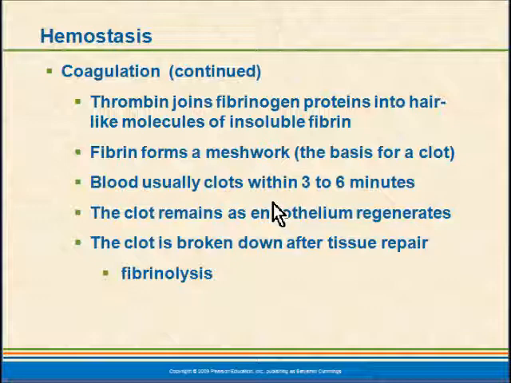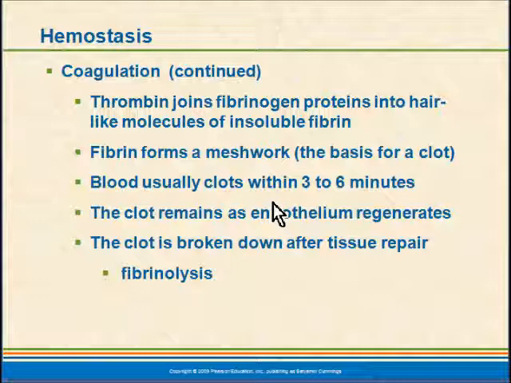Again, if you were to take aspirin, your bleeding time might be extended. The clot will remain until the epithelial tissue reconnects, that is, regenerates. Epithelial tissue touches epithelial tissue, and until we've gotten cells that connect all the way across, we will have this clot.